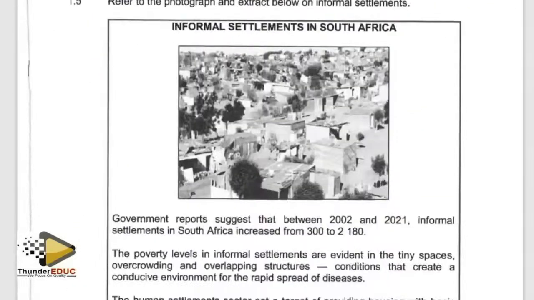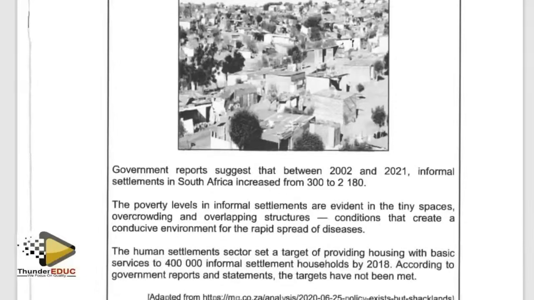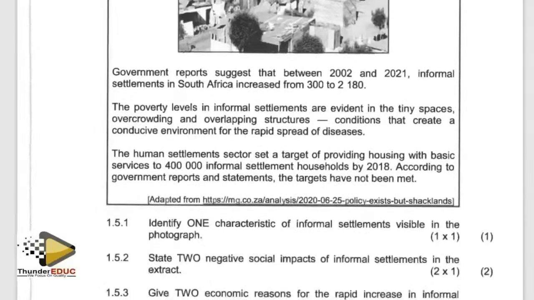1.5 is basically the informal settlement. Informal settlement in South Africa. We have to read this extract. Government reports suggest that between 2000 and 2001, informal settlements in South Africa increased from 300 to 2,180.